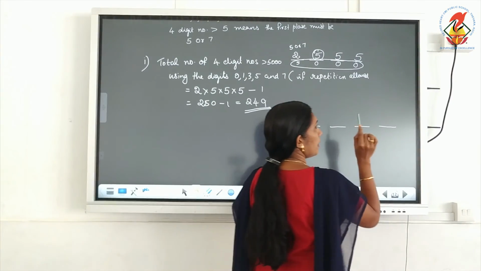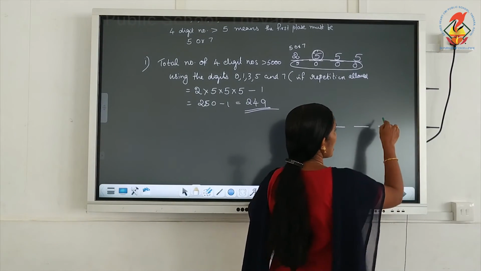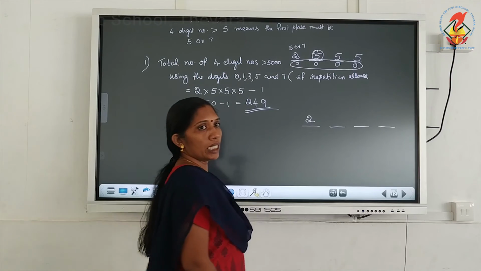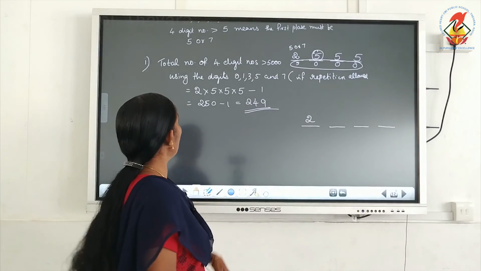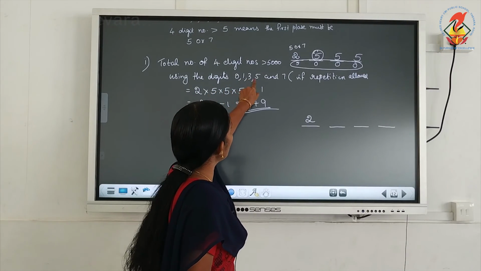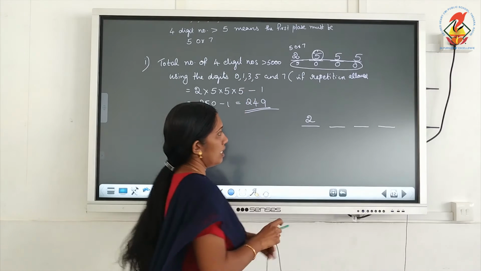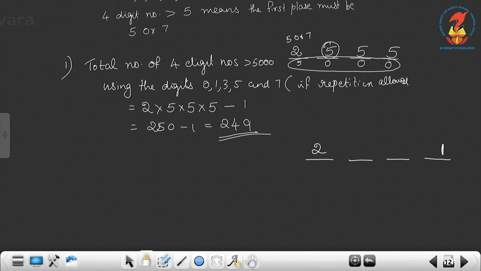Now, the number must be divisible by 5 means the last place must be 5. 5 is given in the question, 0, 1, 3, 5 and 7. So this can be filled in 1 way. First place 2 ways, last place 1 way. Repetition is allowed, so the second place we can fill in 5 ways, and the third place also 5 ways.